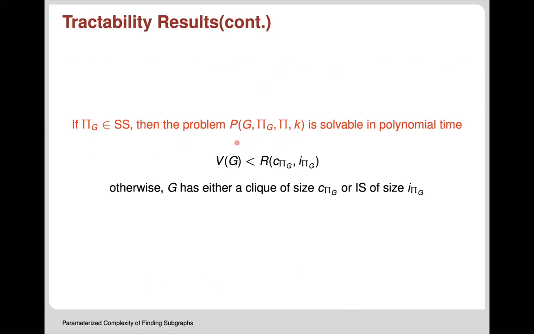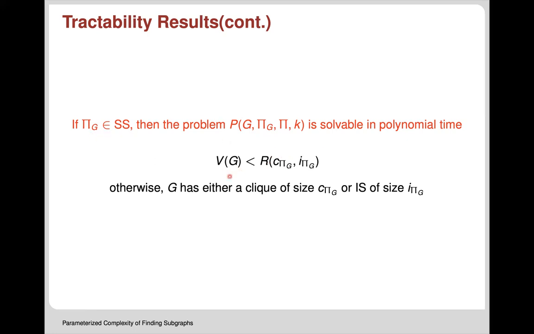Then it is very easy to see that the problem is solvable in polynomial time. Why? Because SS means that you exclude some complete graph as well as some independent set. Let C of pi g and I of pi g be the minimum clique size and minimum independent set size such that they don't belong to property pi of g.